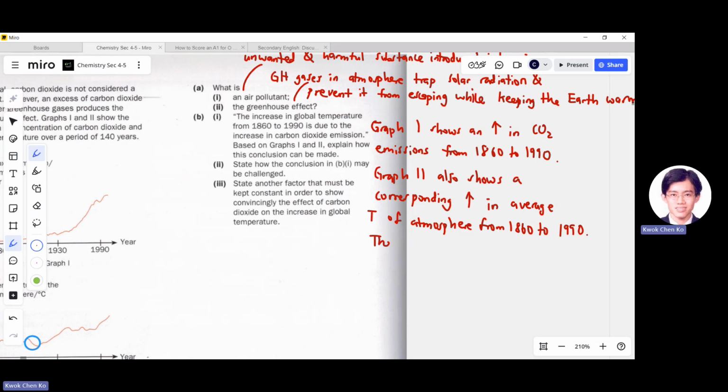Therefore, we conclude that increase in CO2 leads to increase in atmospheric temperature. If you want to be systematic about it, then you write it out sentence by sentence. Graph 1, what does it show? Graph 2, what does it show? And what's your conclusion?